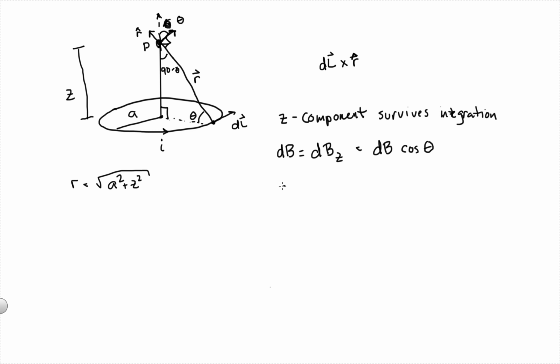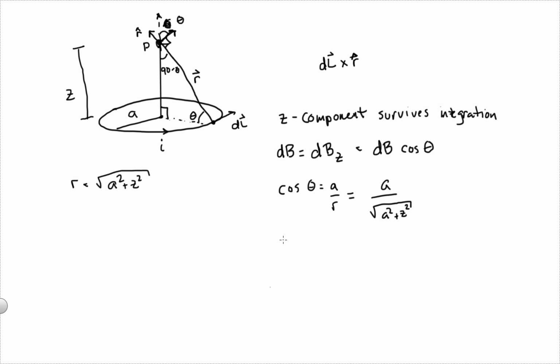And what's great about the cosine of theta is it's also a over r, which we know from the triangle that's part of the ring there, and that's going to be a over the square root of a squared plus z squared, which in this case, all of these things are constants.